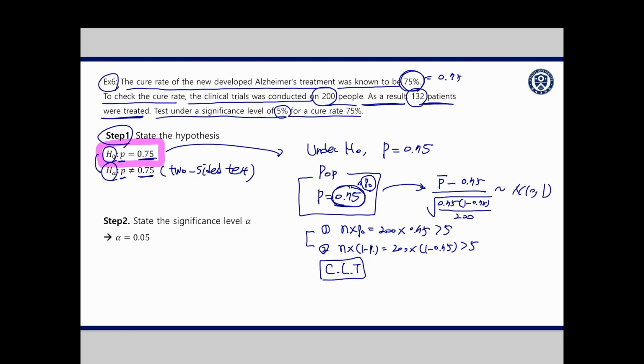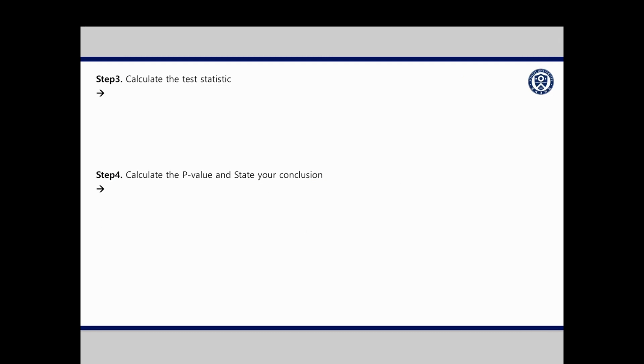Okay, and in step 2, the significance level is set to 0.05. Under H0, the standardized P bar minus 0.75 follows the standard normal.